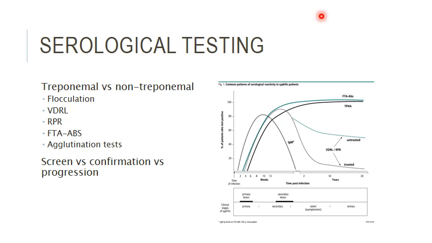Okay, those non-treponemal tests, the VDRL, the flocculation, the RPR, those react to, well, flocculation has a couple of ways, but the VDRL and the RPR, those react to cardiolipin antigen. So what you're looking for is actually an anti-cardiolipin antigen antibody. Cardiolipin is actually a lipid material. That's its name. That is released from damaged cells.